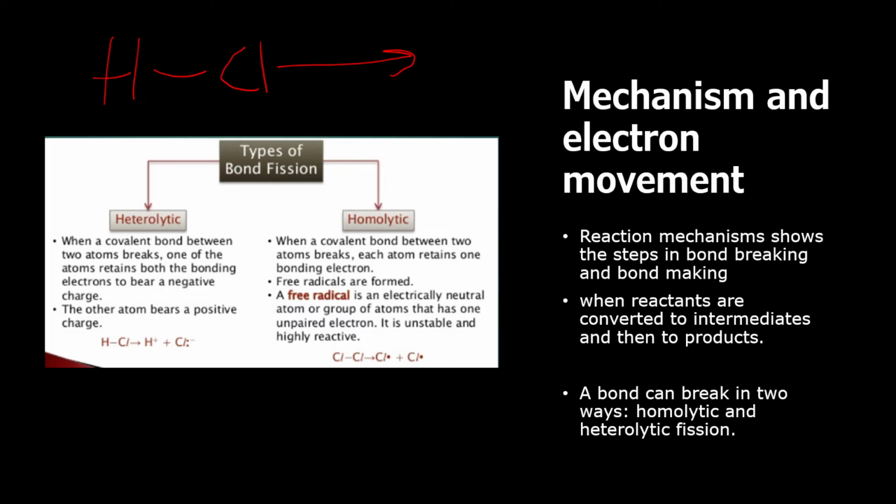So generally within this bond, you will see the movement of electrons towards the chlorine. You will see something like this. Now, I use a full head arrow to show that two electrons are moving. Full arrows show the movement of two electrons, a pair of electrons.